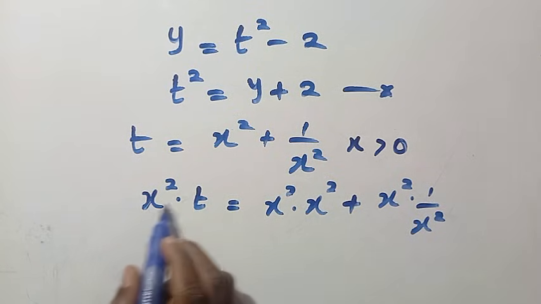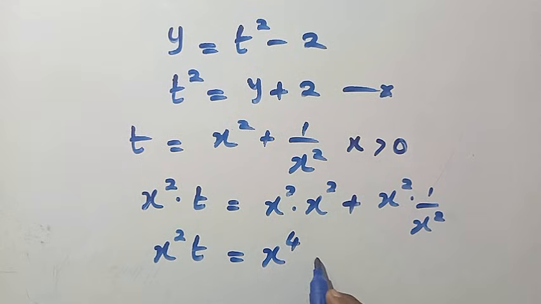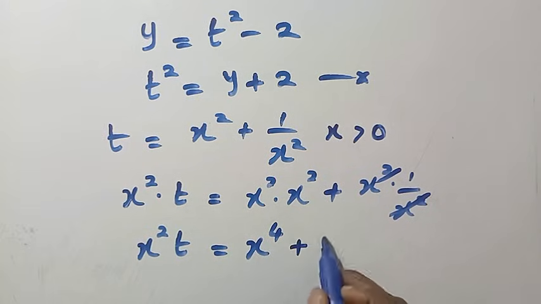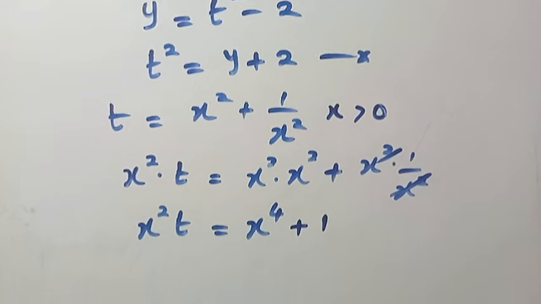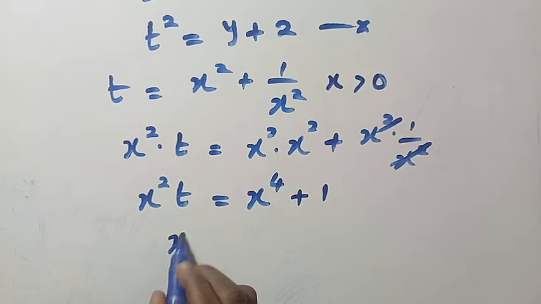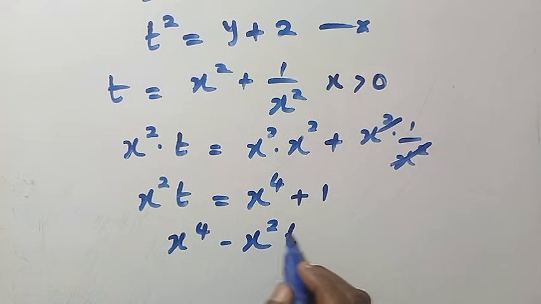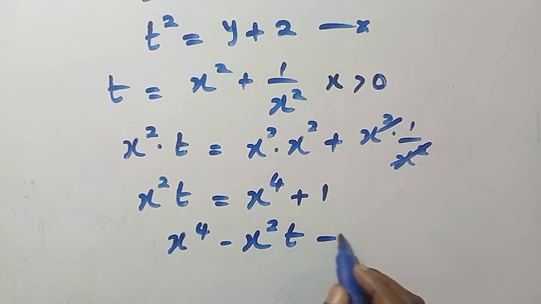Then we have x squared t equals x to the power of 4 plus 1. By transferring x squared t to the other side, we have x to the power of 4 minus x to the power of 2 t plus 1 equals 0.